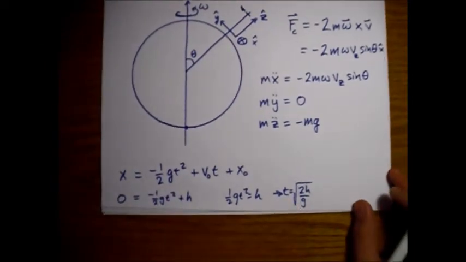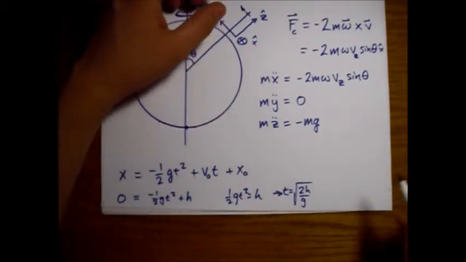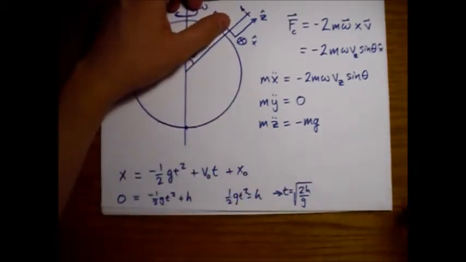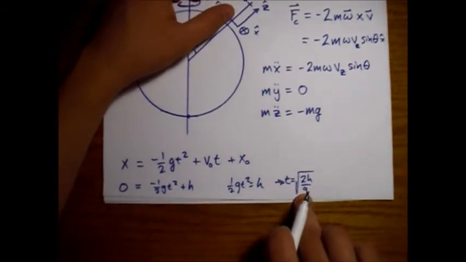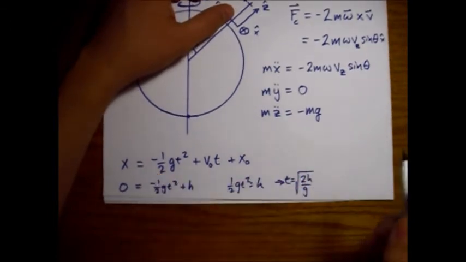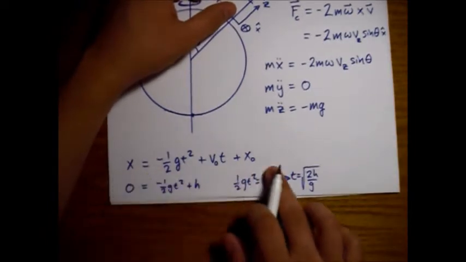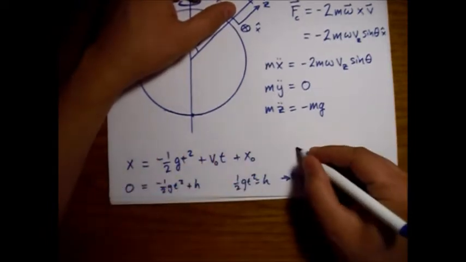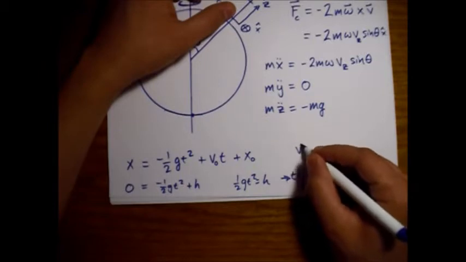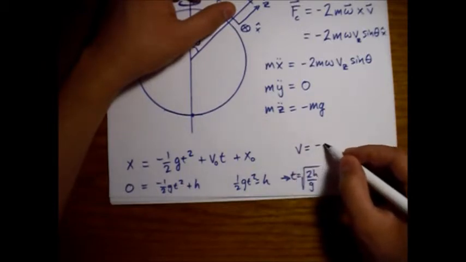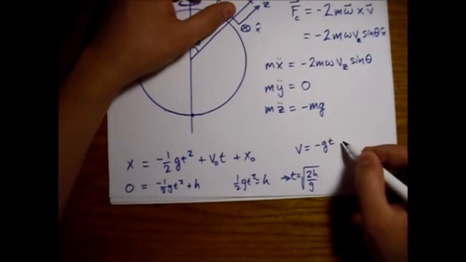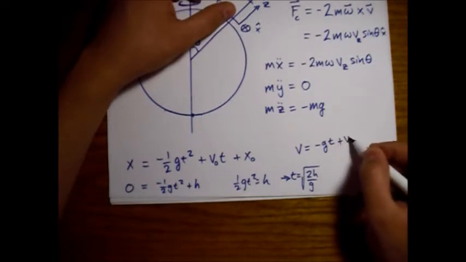All right. The other question is, how fast is it going when it reaches the ground? All right, so if we take this equation back a step and we just say the v equals minus gt plus v naught.